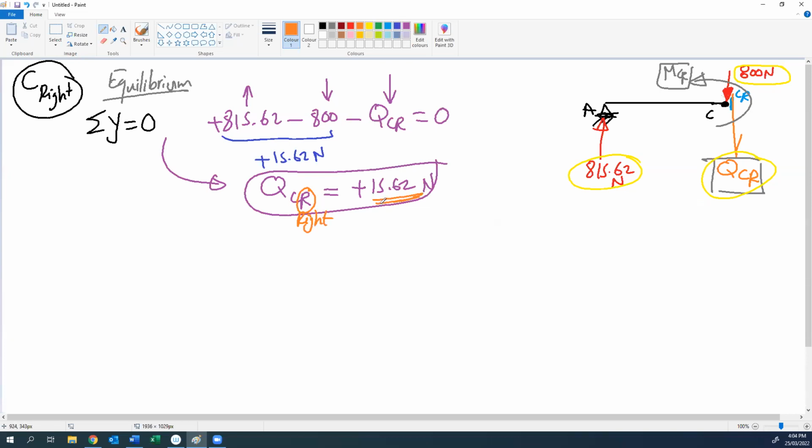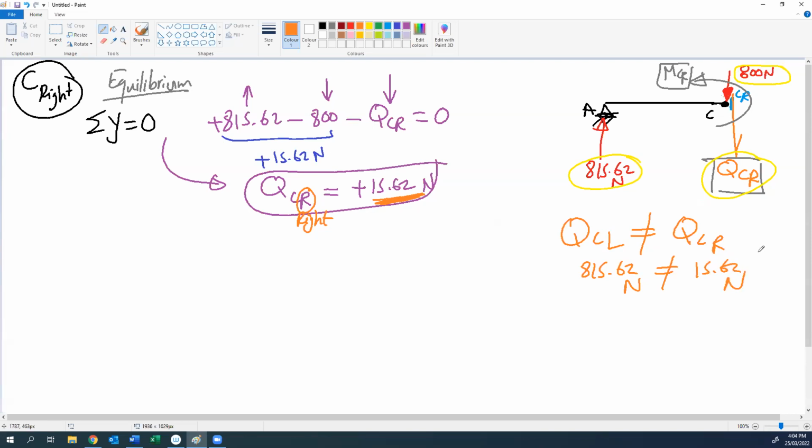So what is the shear at C right? How much is the shear at C right? 15.62. So the shear at C right is not equal to the shear at C left, because the shear at C left was 815.62 Newton. The shear at C right was 15.62 Newton.